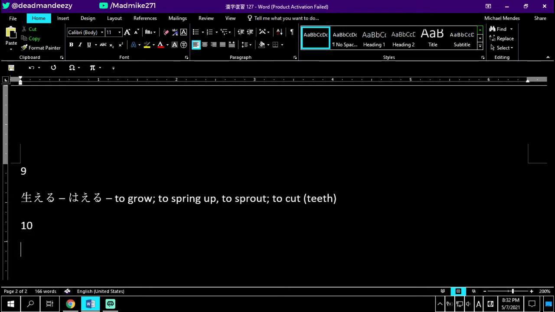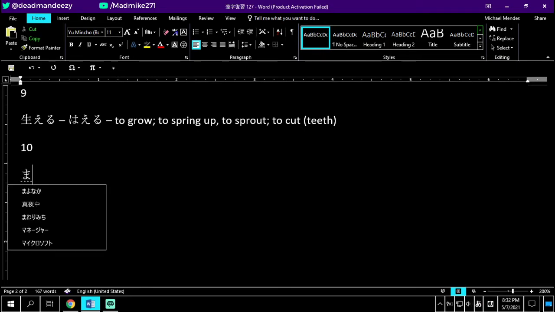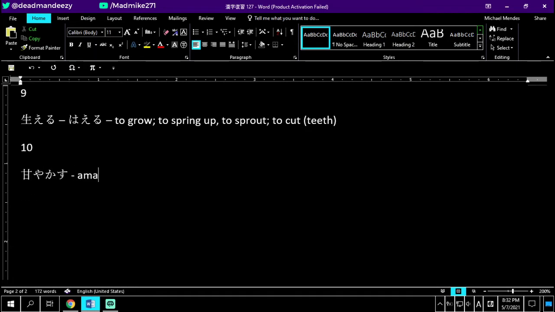Number 10. Next is amayakasu. Come on, kanji or hiragana.